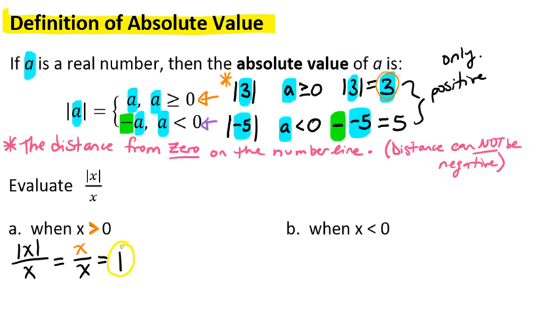Now, this second part can be a little more tricky, simply because we have to use what we did with our absolute value of negative 5. Remember, that meant that we needed to use that negative symbol. If x was a number, then we wouldn't have this problem.